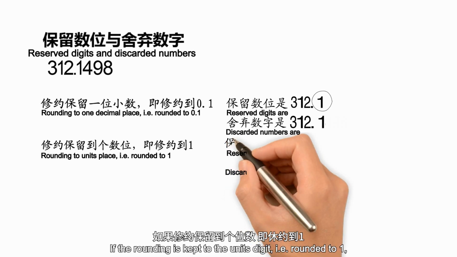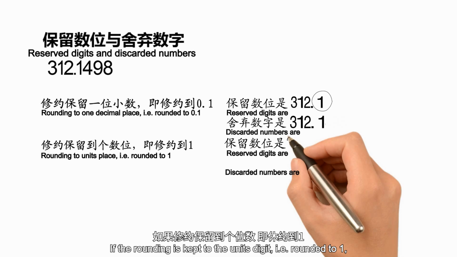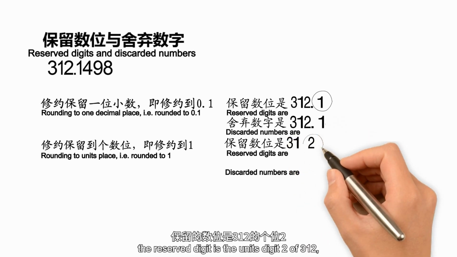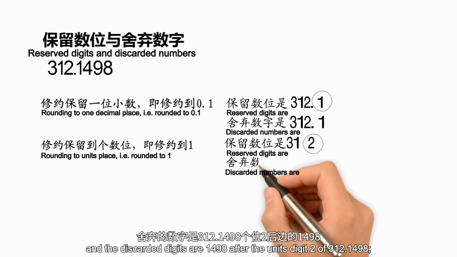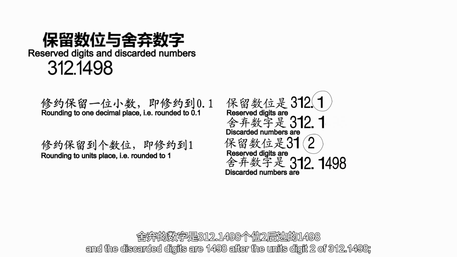If the rounding is kept to the units digit, that is, rounded to 1, the reserved digit is the units digit 2 of 312, and the discarded digits are 1498 after the units digit 2 of 312.1498.